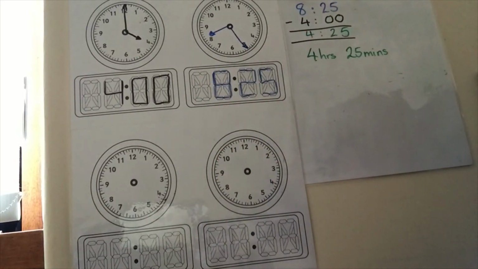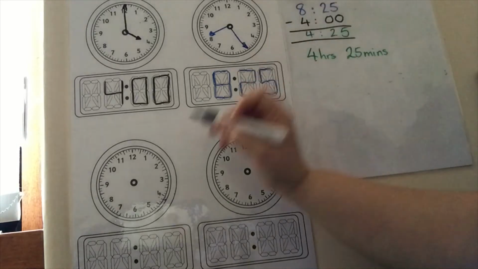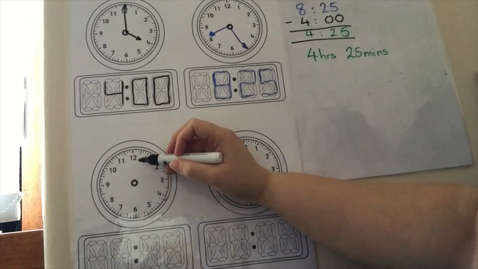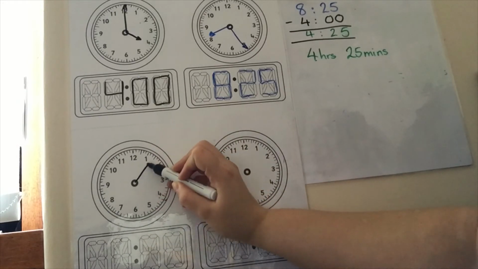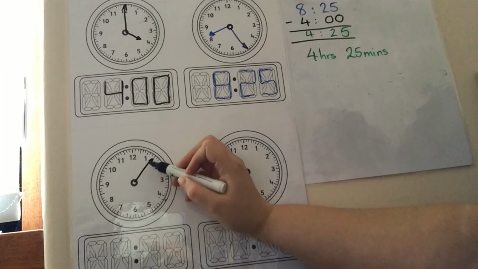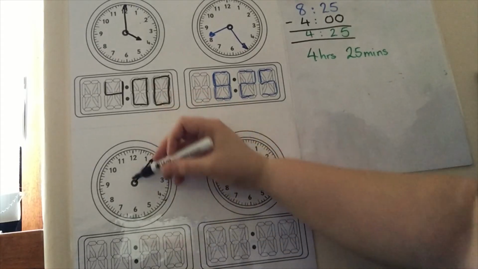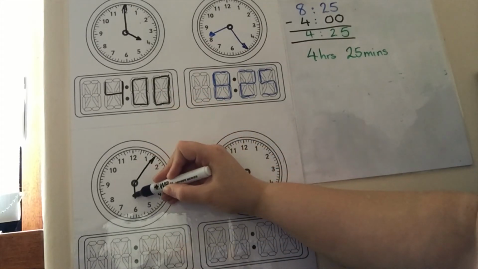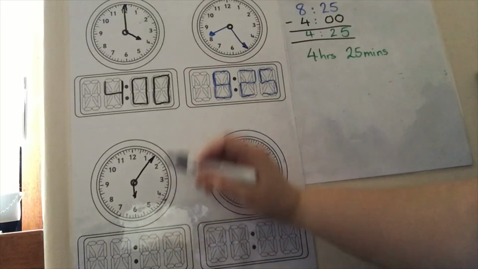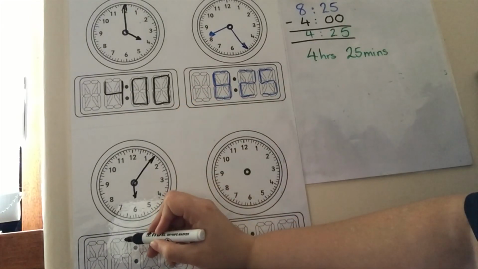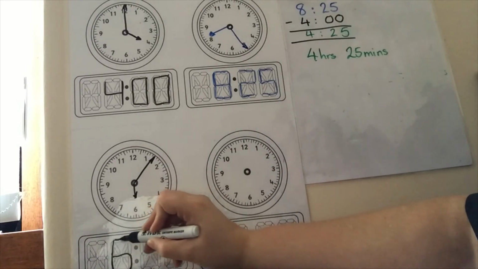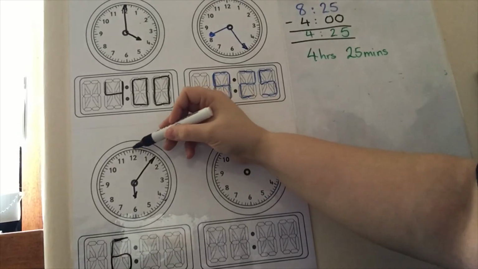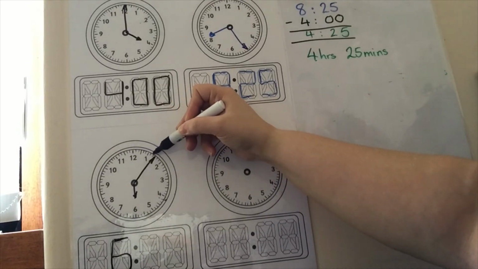Again, I'm going to show you another one, a slightly more complex one. So I'm going to choose, so that's going to be 6, and 5, 6, 7, 8.